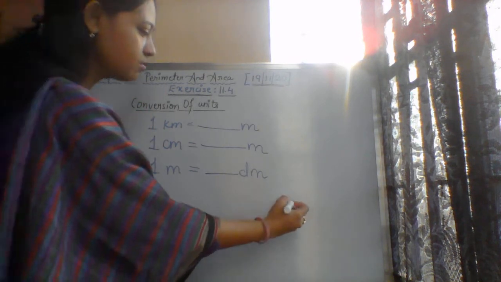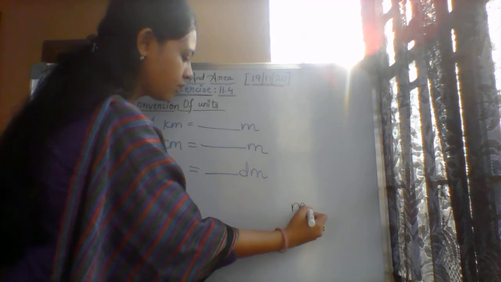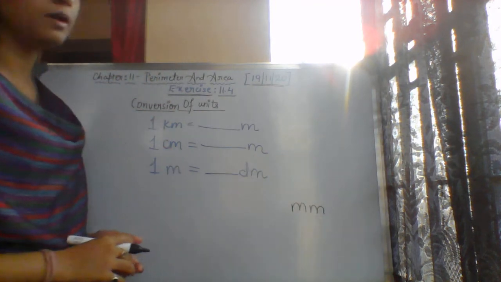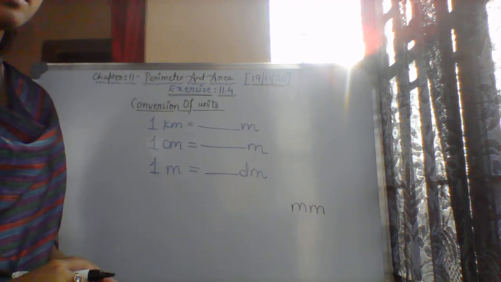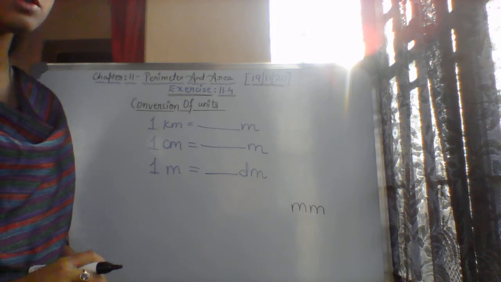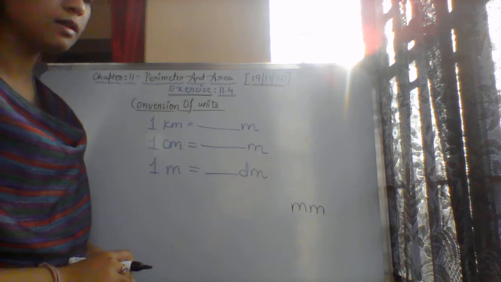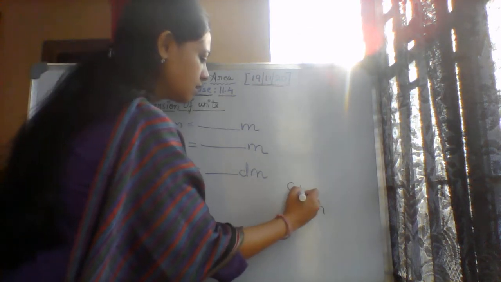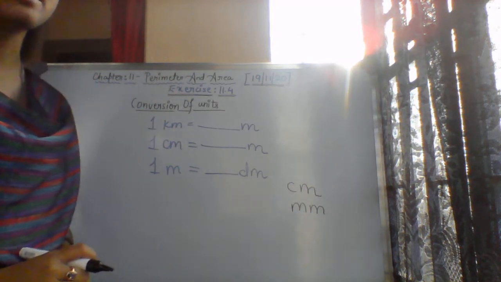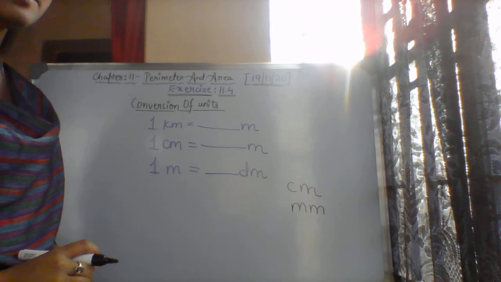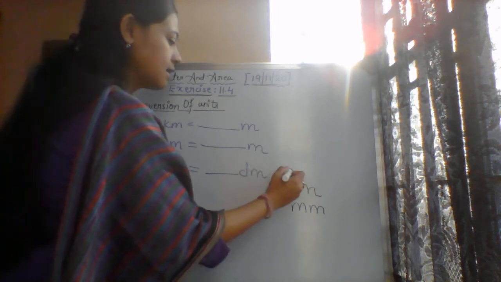So we have first millimeter. Okay, smallest unit, millimeter. Then comes the centimeter. After centimeter, decimeter.